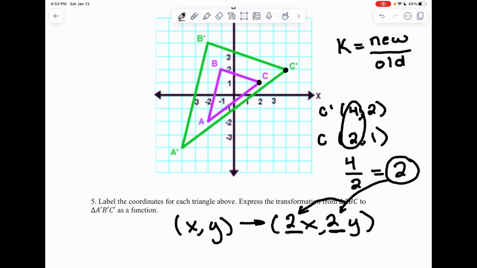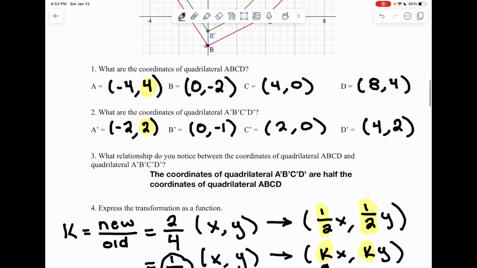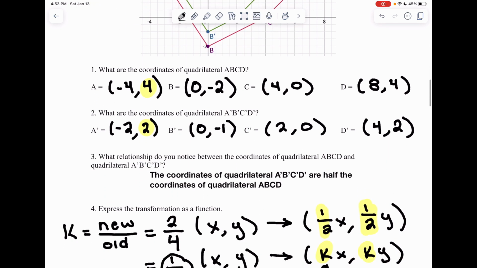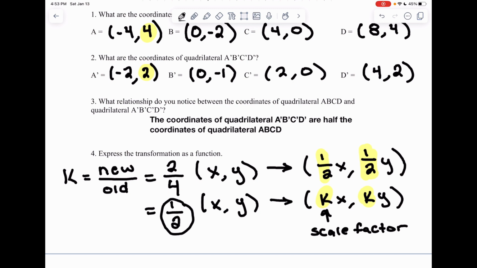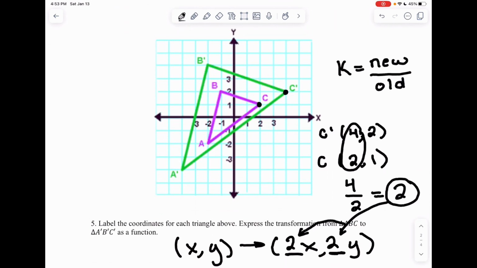So if you noticed, in the first example the scale factor was 1/2 and the quadrilateral was reduced in size. In this last example, our scale factor was 2, and our figure expanded. It enlarged. We went from the purple triangle to the green triangle when our scale factor was 2.